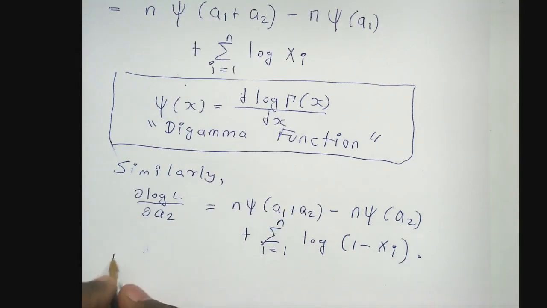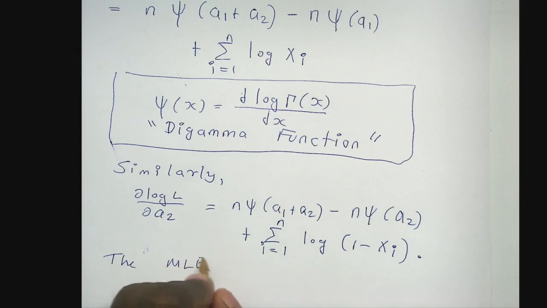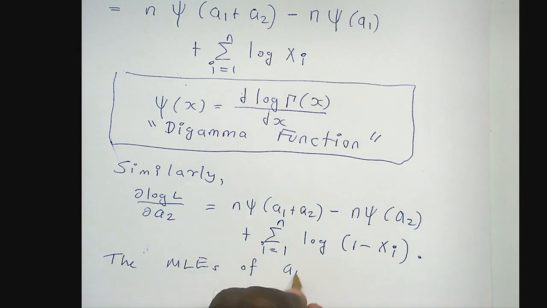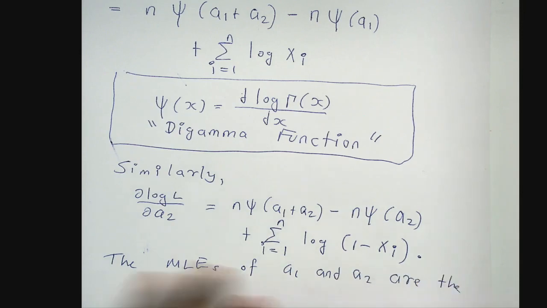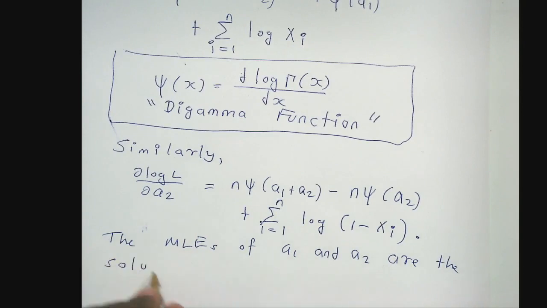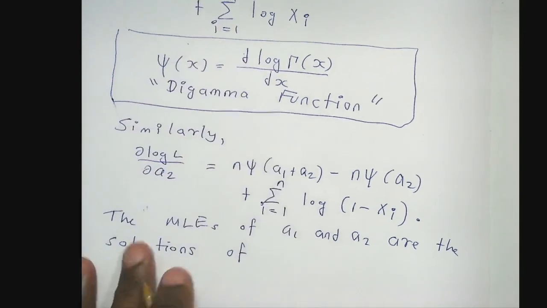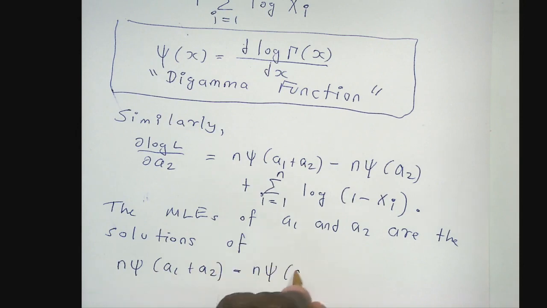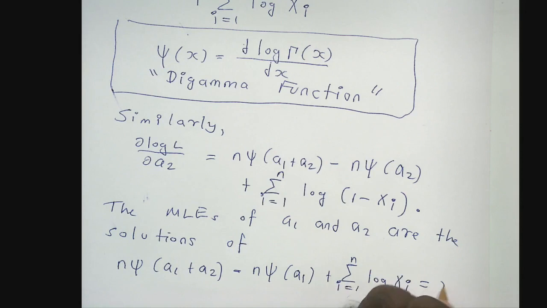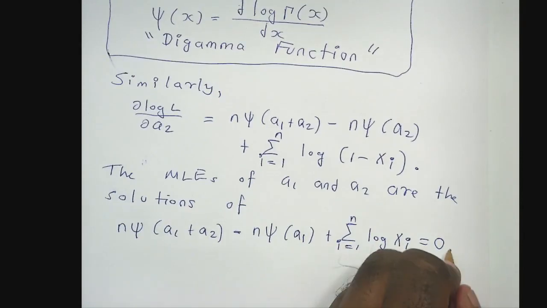So the MLEs of A1 and A2 are the solutions of this equal to 0, and so this is what I have set.